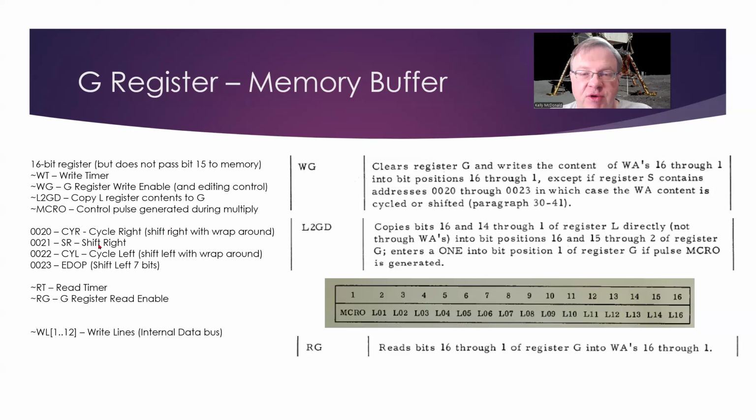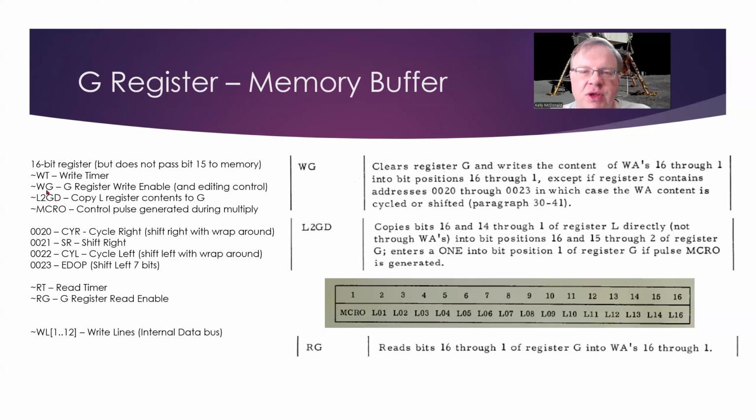There's a regular shift right, which drops the bit that gets pushed off the end. There's a cycle left, which is basically the opposite of cycle right. And there's EDOP, which is shift left 7 bits. Based on what the memory address is set to, it will perform one of these functions. And like I said, we'll talk about those functions in the next episode.